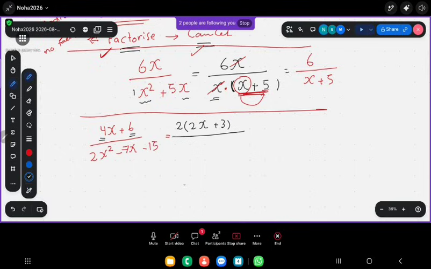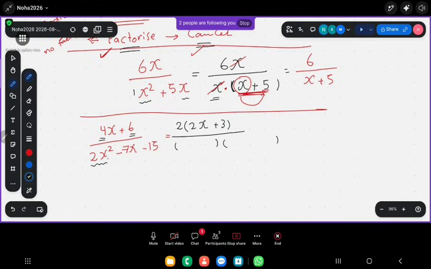What about down? Who can help me? Is there any common factor here? Hmm? Is there? I guess no. Okay. So I have to look for what? I need your help. I need to put two brackets here.